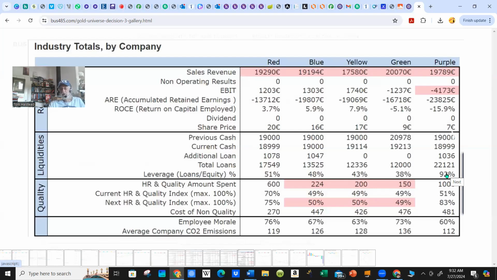Every extra penny is an extra penny of EBIT in profit. But the problem with Purple is they had to build up this leverage because of some cash-destroying capital allocation decisions between supply and demand early on, and they've been fighting that ever since. Because you need the cash to keep on working, you have to keep those loans going.